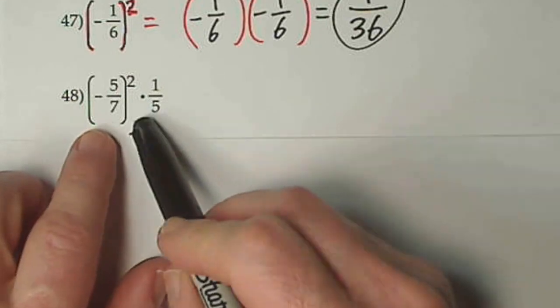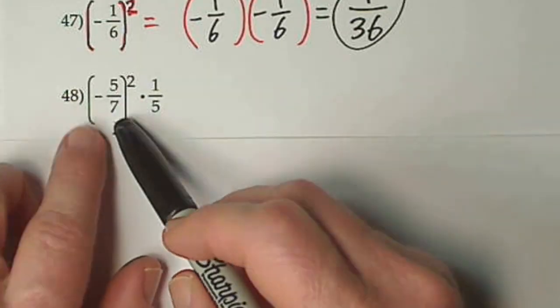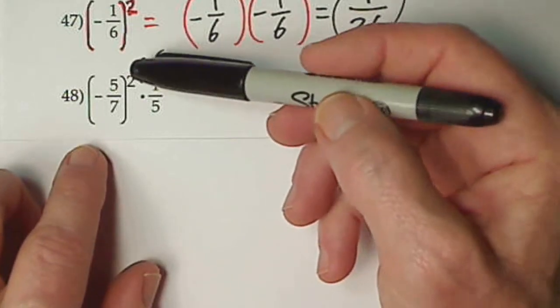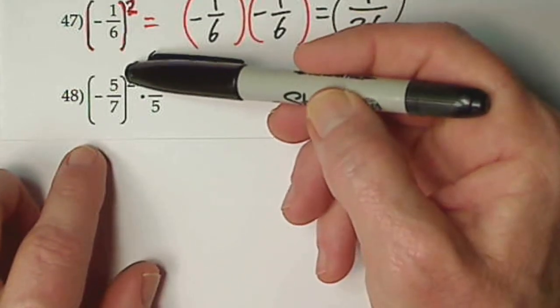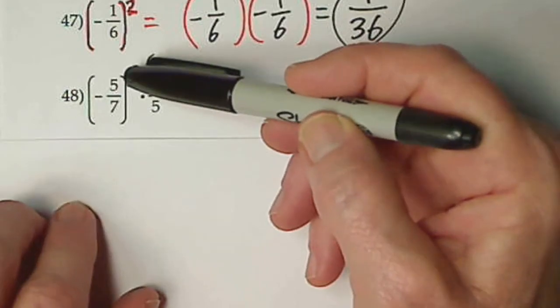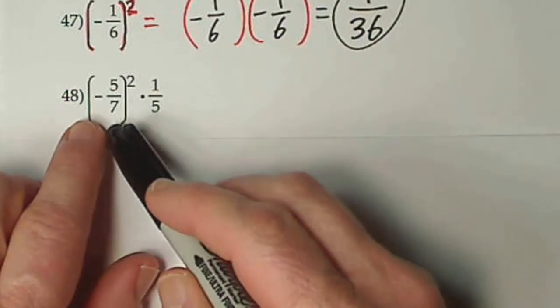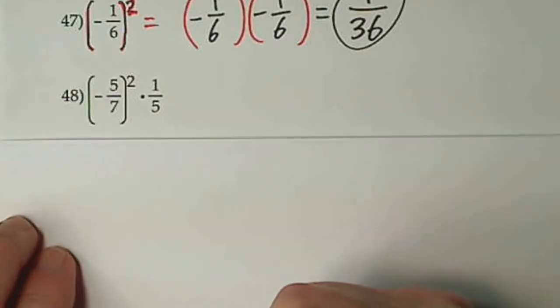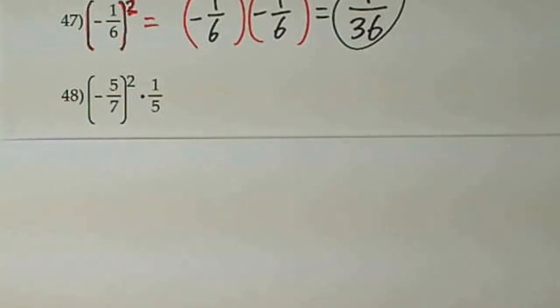But here, we're going to follow the order of operations strictly, and exponents precede multiplication. So we'll deal with that. Parentheses precede exponents, but there's nothing within parentheses that we can do. Okay? So again, the 2 is touching the parentheses.